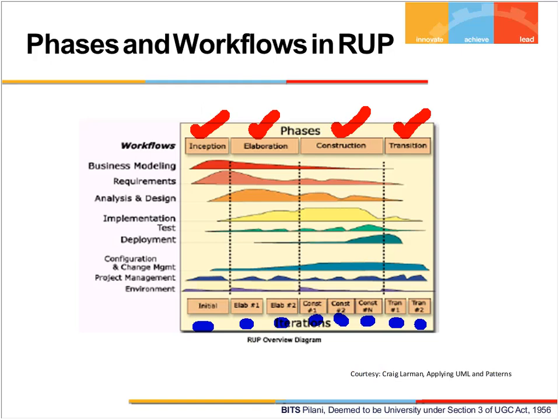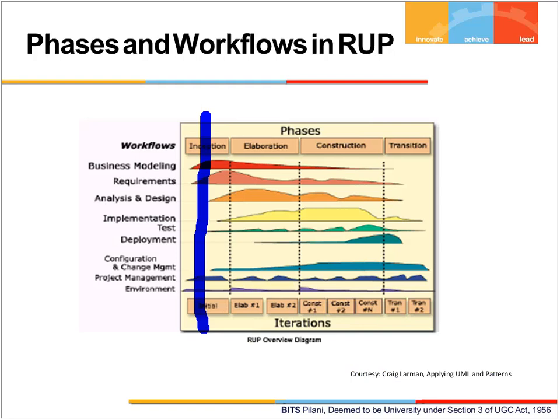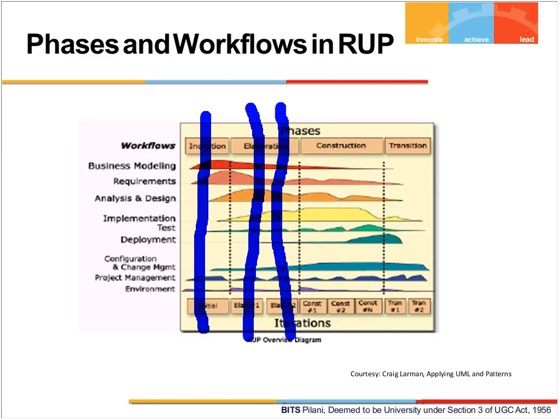So if you see, just give me a second, I'll just remove these annotations and try something new. If I can draw a box, anyways. Okay, so your inception phase is this, consisting of only one iteration. Your elaboration phase, first iteration is this and second iteration is this, right?